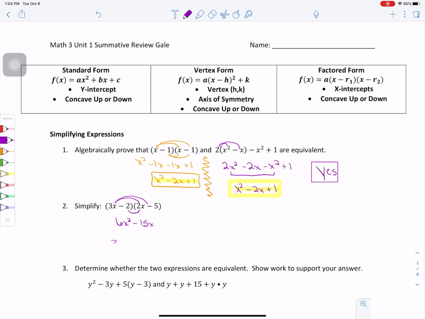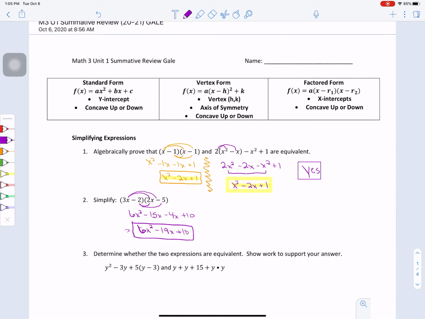Negative 2 times 2x is negative 4x. Negative 2 times negative 5 is a positive 10. All we're going to do now is combine like terms together. 6x squared minus 19x plus 10. You have now simplified this expression. And that's all you had to do.